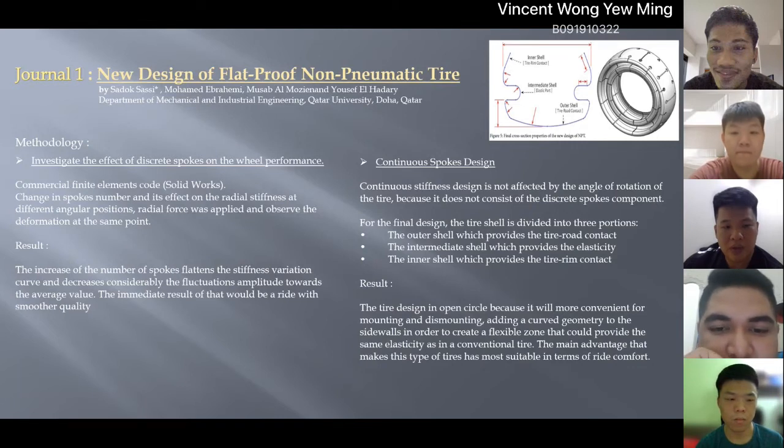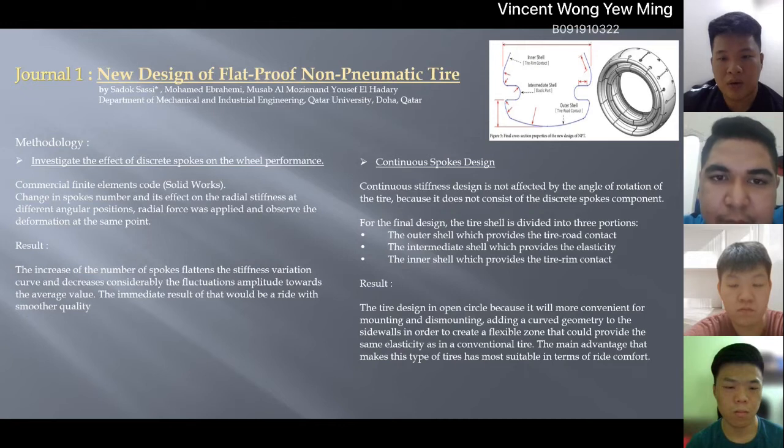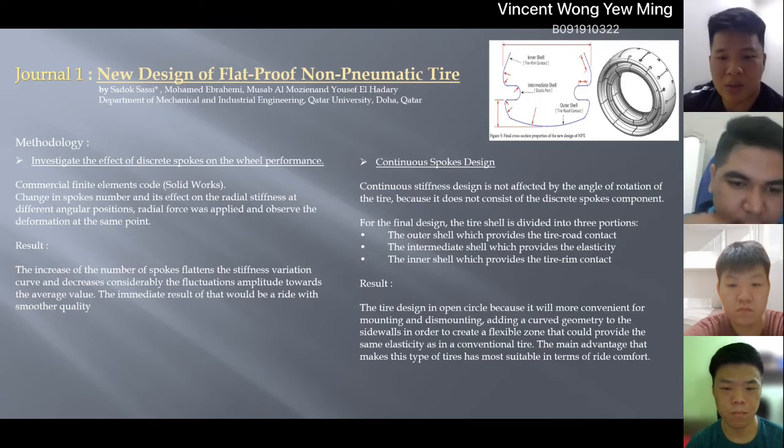These experiments involve the change in spoke number and its effects on the radial stiffness at different angular positions. For each angular position between two consecutive spokes, a radial force was applied. The deformations at the same point were recorded and the radial stiffness was computed.